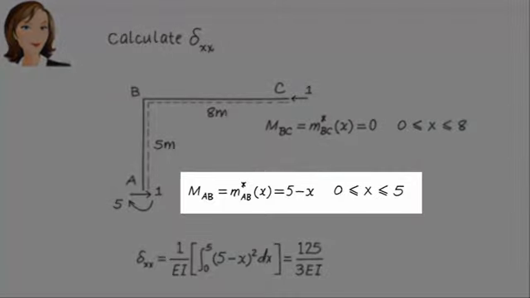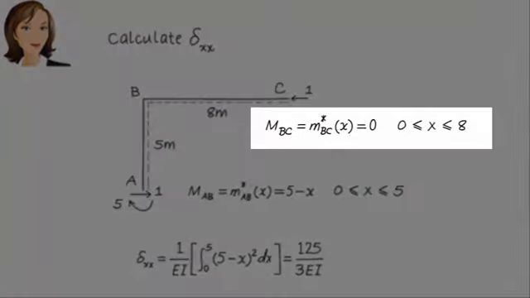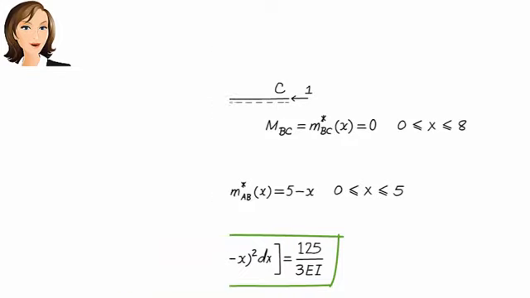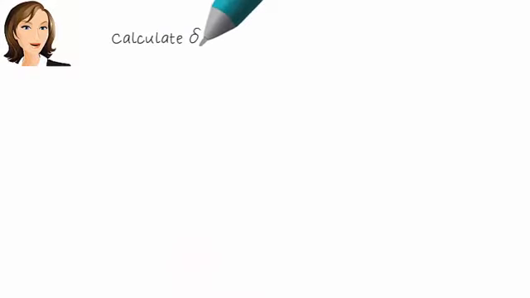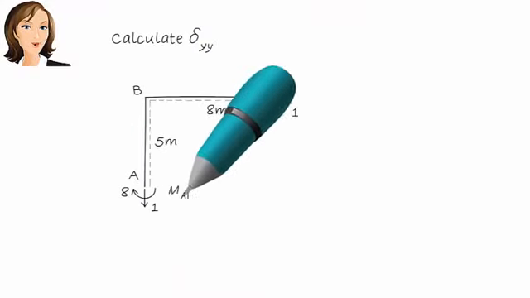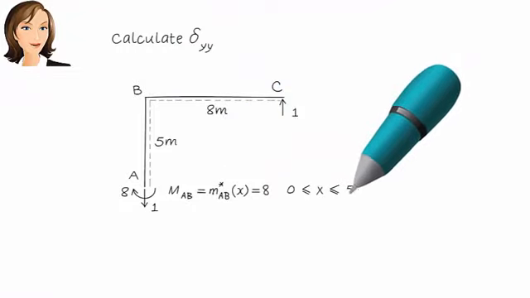Here is the moment equation for member AB, and here is the moment equation for BC. The integral of m star gives us 125 divided by 3 EI. Delta yy is calculated in the same manner. This is vertical displacement at C due to a vertical unit load placed at C.